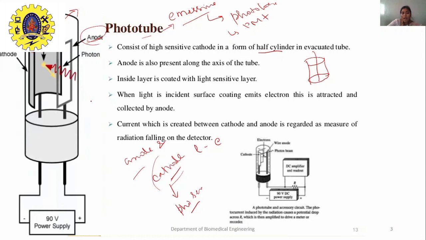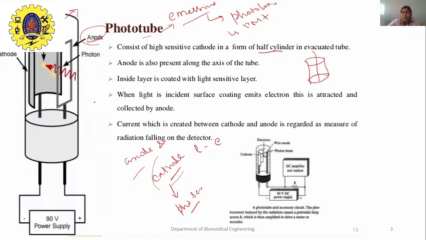This anode current can be measured by a device like a galvanometer. The current created between cathode and anode is a measure of the radiation falling on the detector, that is, the amount of light striking the cathode. In this way we are converting photons into electrons.